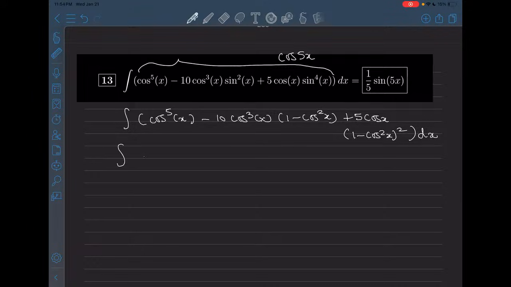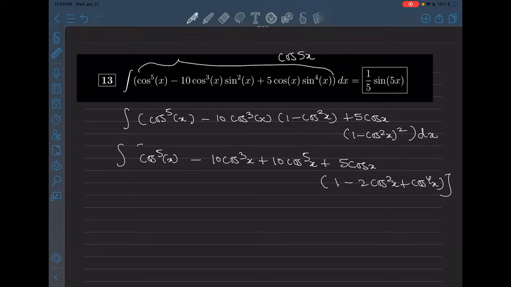So this is cosine to the power 5 x minus 10 cos cube x plus 10 cos to the power 5 x plus 5 cos x times (1 minus 2 cos square x plus cos to the power 4 x), whole thing dx.